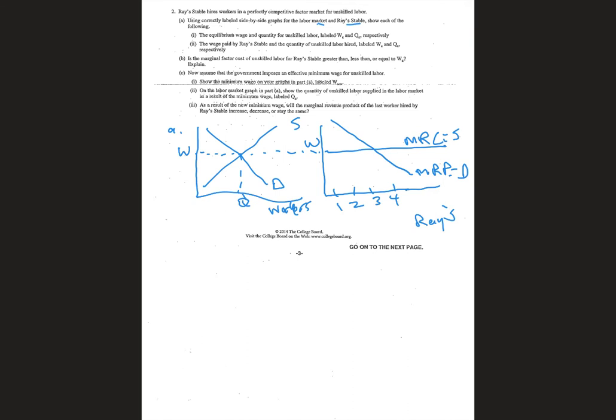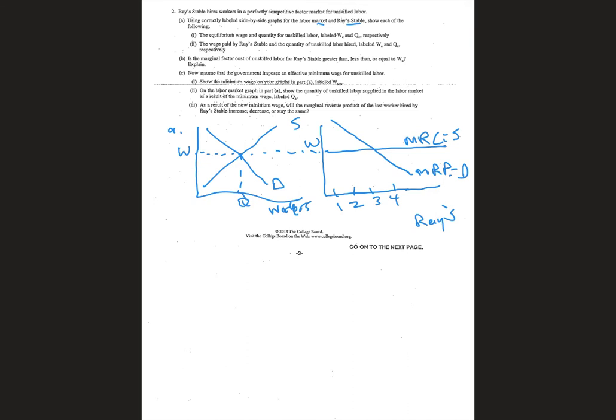So I can use the MRP curve just as any demand curve. I can know exactly what the quantity demanded would be for Raise Stable, regardless of whether the wage was higher or lower than what it is now.